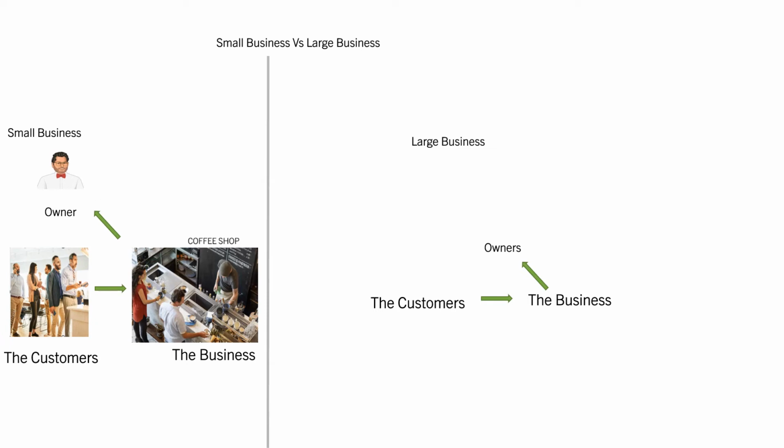So when we look over here, I'm going to do a comparison between a small business and a large business. As you look on the left, there is that small business that we just talked about and how we saw the money flow from the customer to the business and then to the owner. When you talk about a large business, it's exactly the same thing we had said.